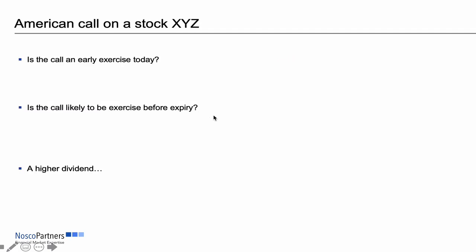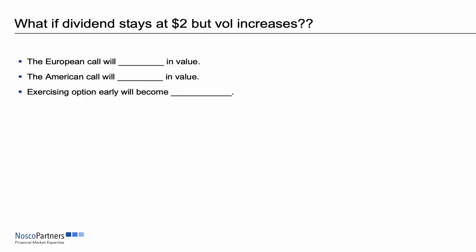And now assume that the dividend does not change, so the dividend stays at $2, but now volatility increases. So what happens to the American call, the European call, and the difference between the American and the European call if volatility increases?